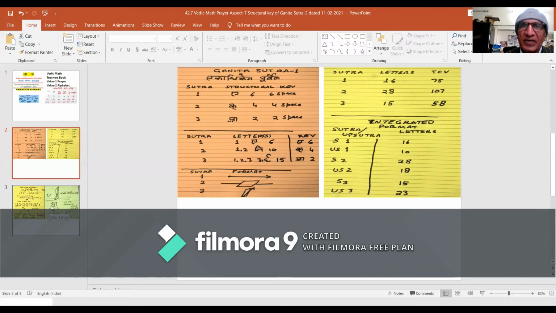The second letter of Ganita Sutra 1 is Ka, Ka Brahma. As such, the mathematical domain of Ganita Sutra 2 is to be chased, followed and worked out in terms of the features of the second letter.